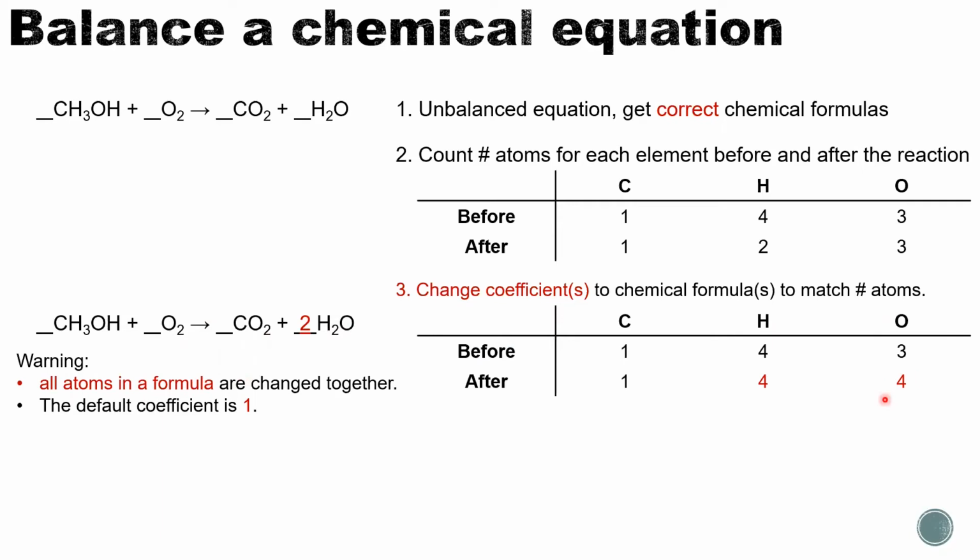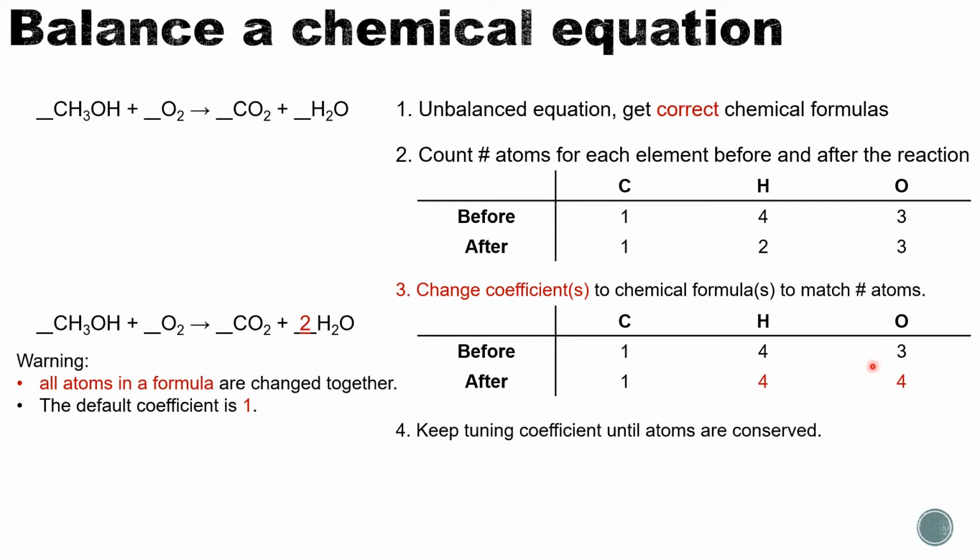Well, we introduced 1 more oxygen atom and we need to balance this oxygen. So we need to repeat step 3 many times, tuning the coefficients until all atoms are conserved before and after reaction. In this case, we need to tune the oxygen before reaction.